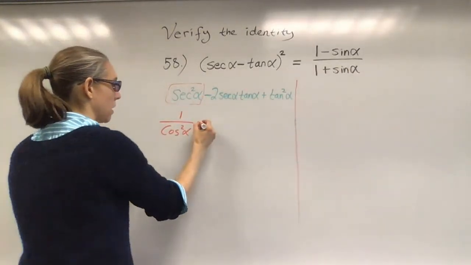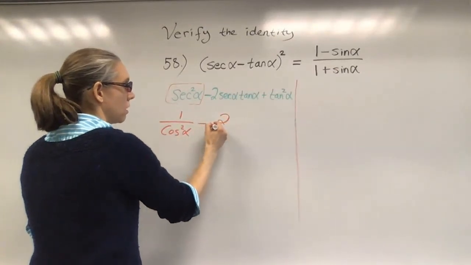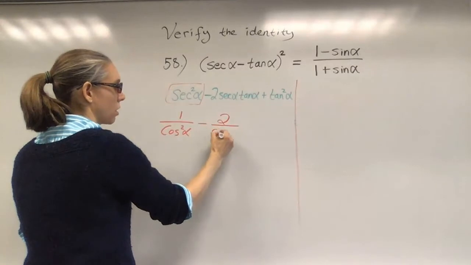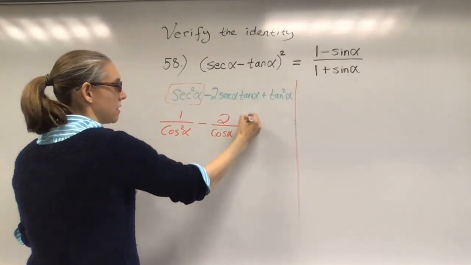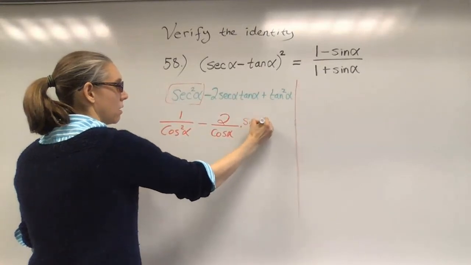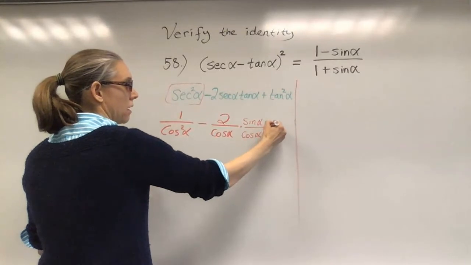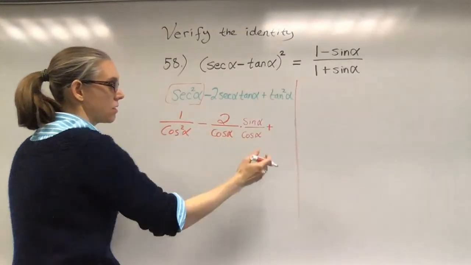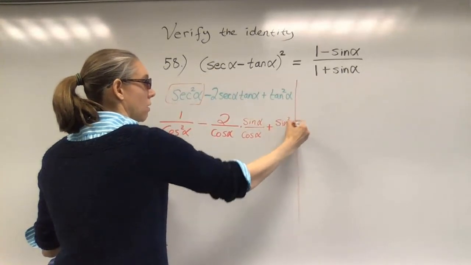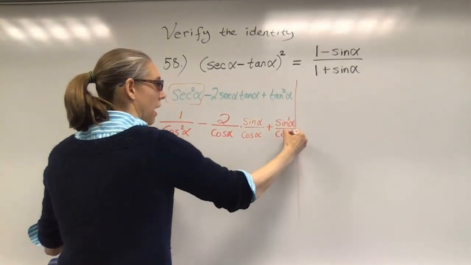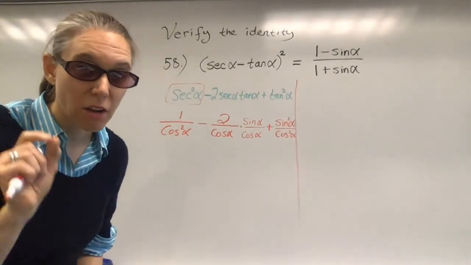So that gives me minus 2, secant is 1 over cosine, and then tangent is sine over cosine, and then here I can replace tangent squared with sine squared over cosine squared, and this is where I realize I've hit gold.